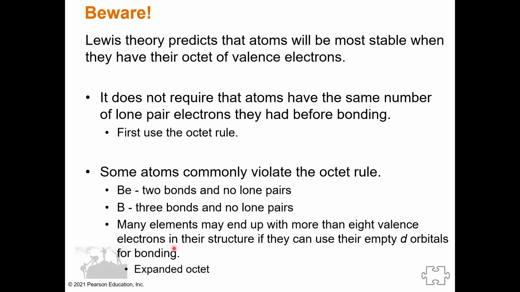They have enough empty d orbitals to hold more electrons, and so they would have expanded octets. So with the last 2 questions, with the sulfuric acid and phosphoric acid, the sulfur and the phosphorus can have expanded octets. So if you drew Lewis structures for those compounds that have more than 8 electrons around the central atom, you probably drew them correctly.